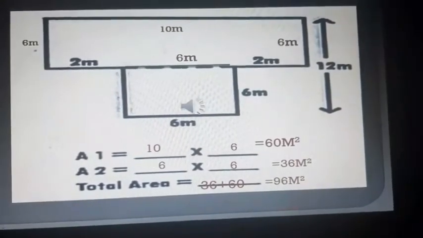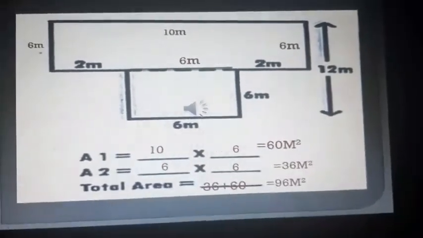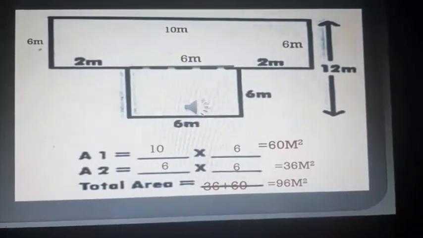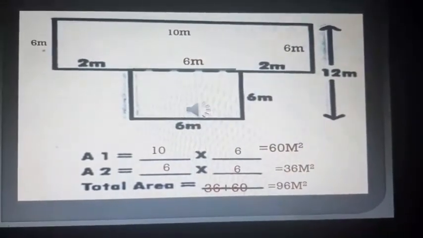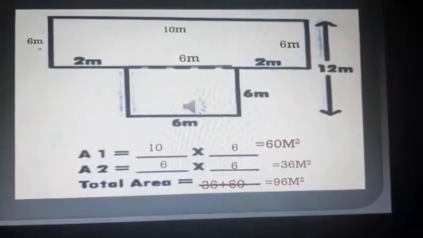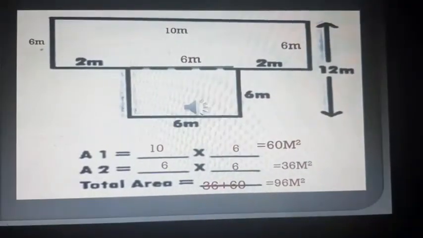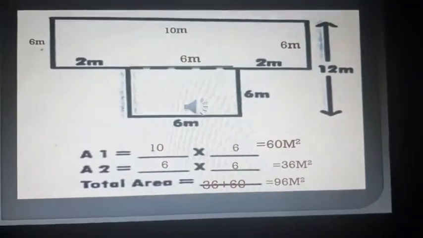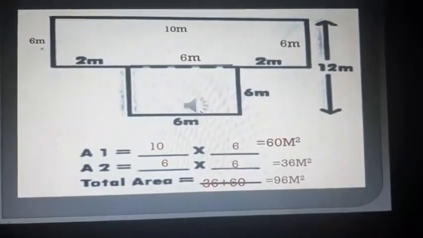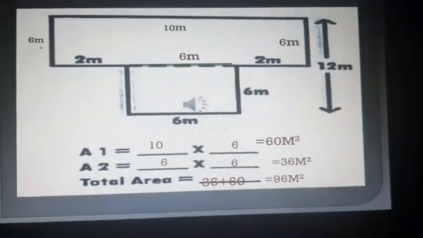It will be 96 meters squared. This is the total area, or the area of the complex shape, because the complex shape equals the sum of the two areas of the regular shapes. Okay.